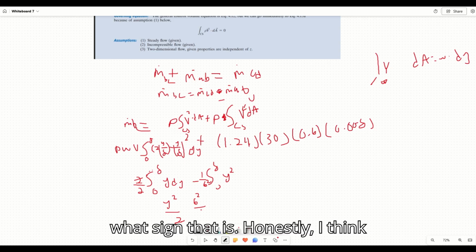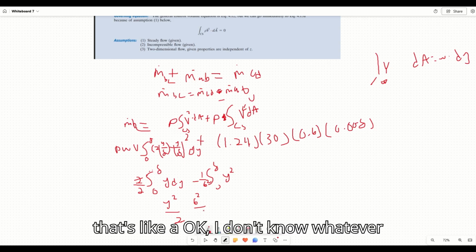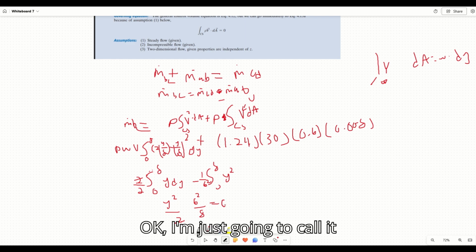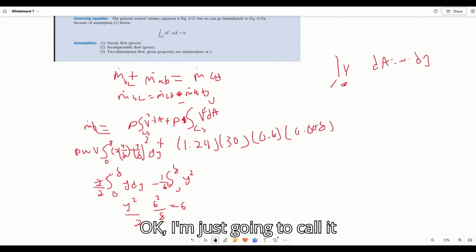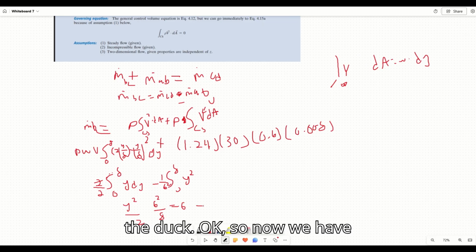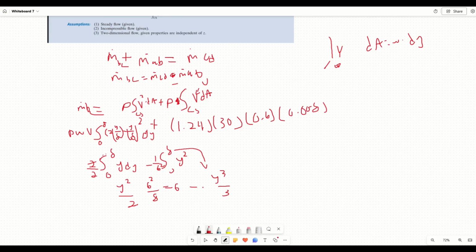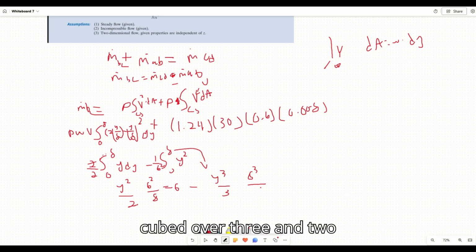I don't know what symbol that is, honestly. Whatever that is, I'm just gonna call it the duck. Okay, so now we have one of the ducks minus, and this is y cubed over 3. We plug in the duck, and we get minus the duck cubed over 3, and 2 that.